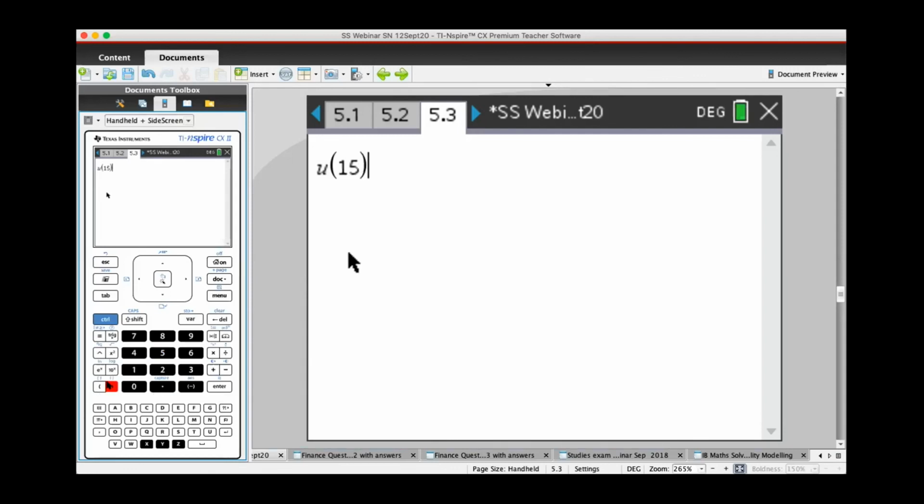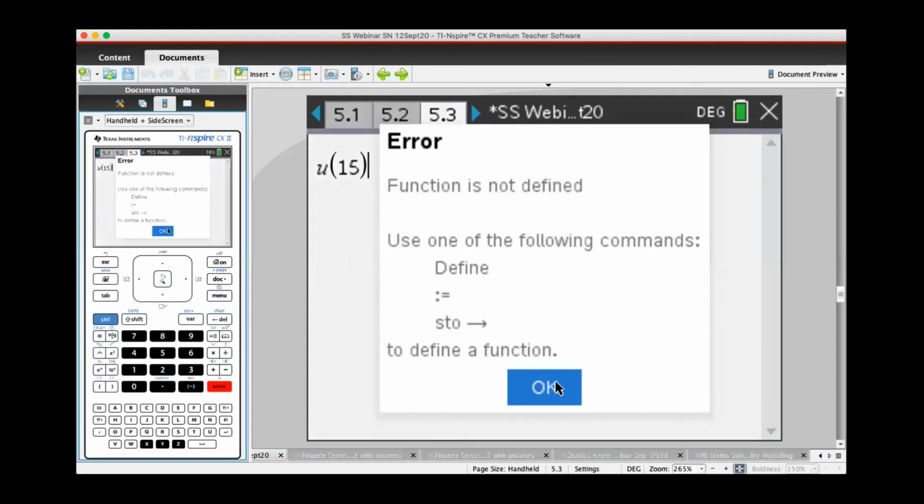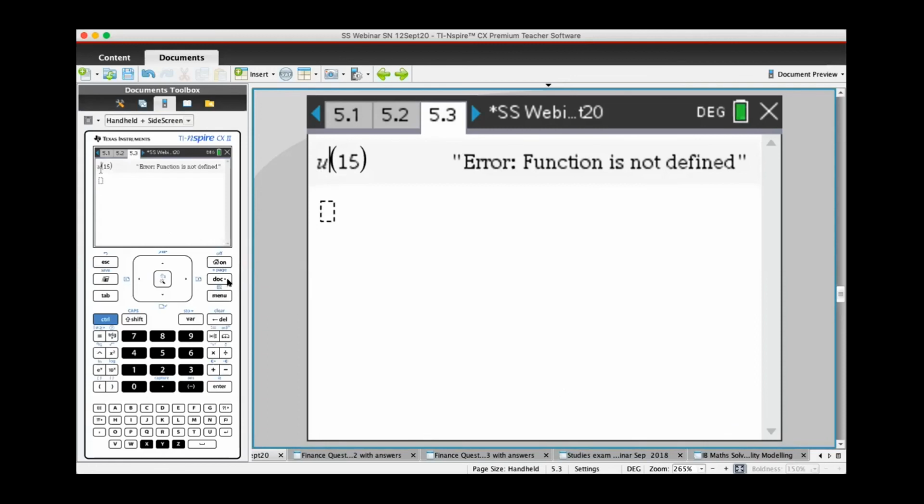So the U defined in my earlier examples no longer stays true for this problem, because this is a different problem. It's got its own U. So I press enter. Oh, because it was defined as U1, not U. So what I'm going to do is type U.